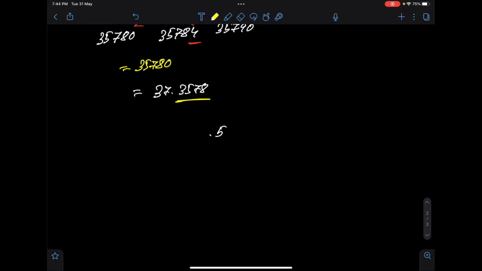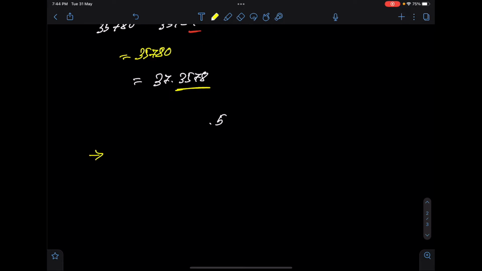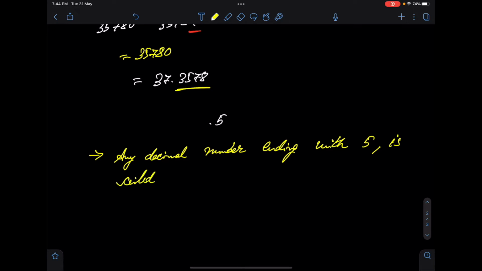Follow what I'm writing here. Any decimal number ending with 5 is sealed if the integer part is even.